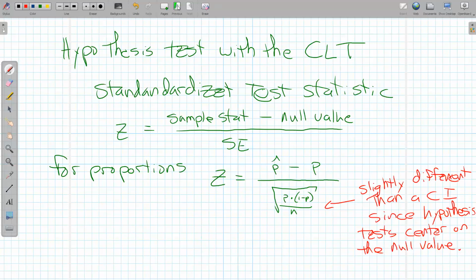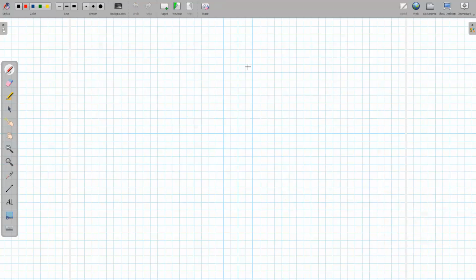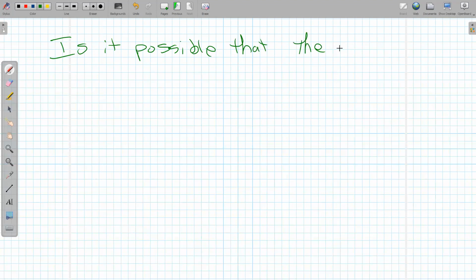Let's try it for our current situation. So the question was, is it possible, plausible, that the actual proportion of US household cats that hunt is 45%?